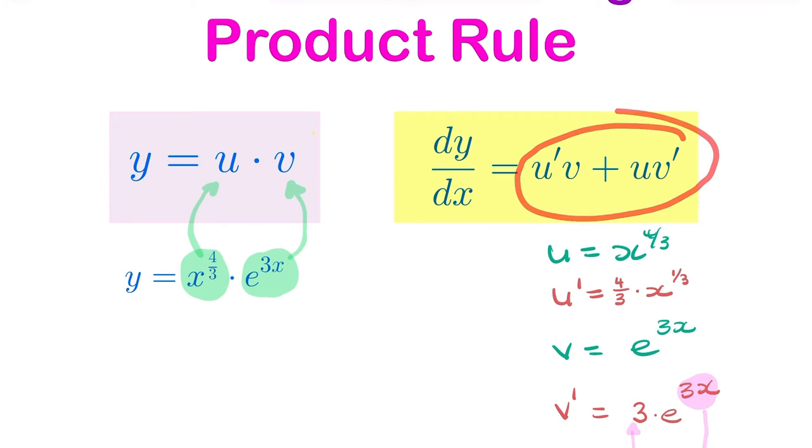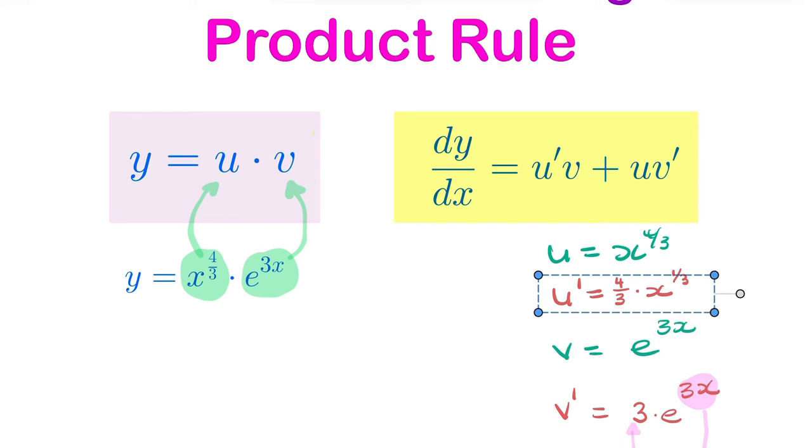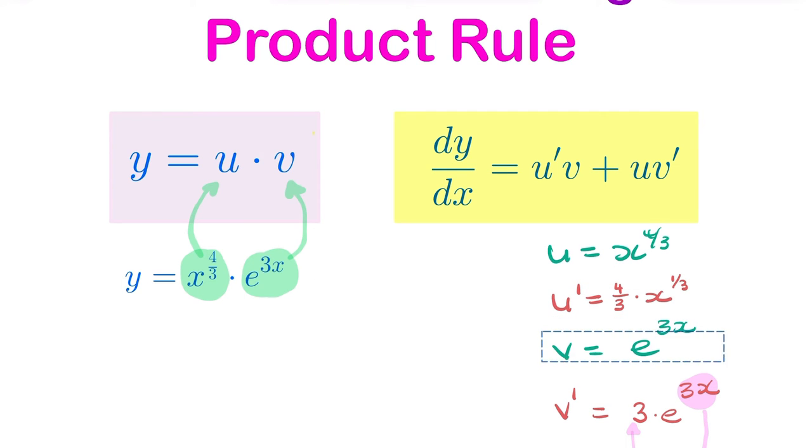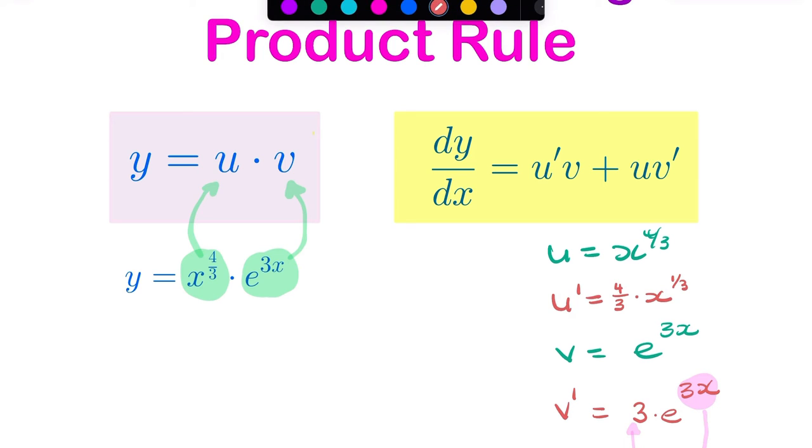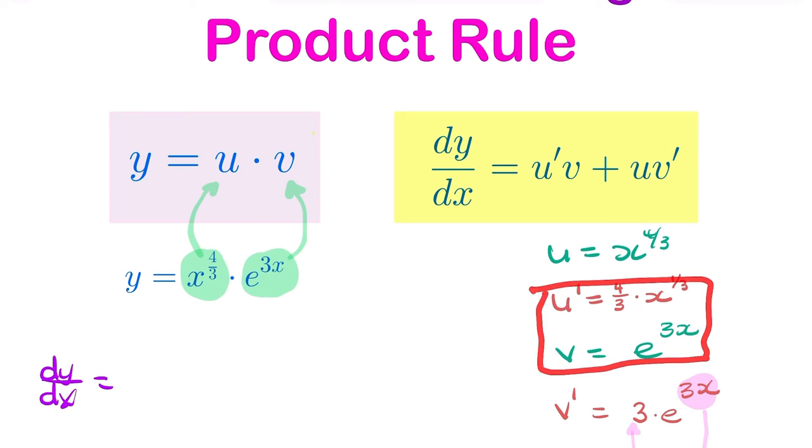Now we have u dash, v, and v dash, u. We can put them together into the product rule, and that will give us our final expression for dy by dx. So dy by dx equals u dash v, so that's these two multiplied by each other.